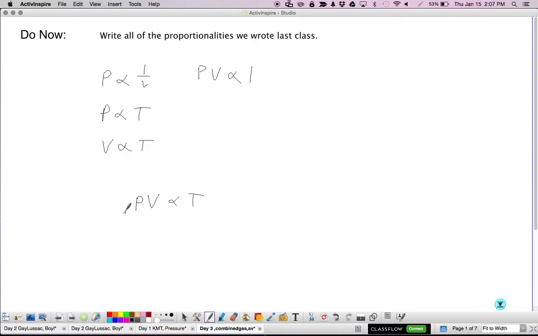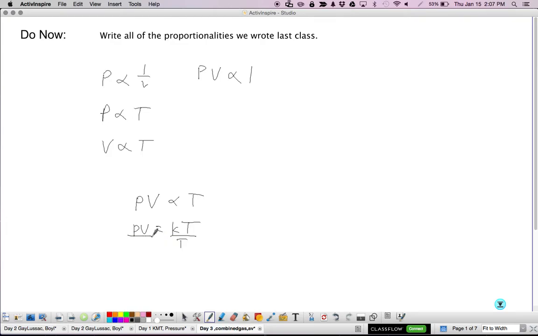The way you're going to do this is you're going to change this proportionality to an equality. PV equals KT. And then you're going to isolate the constant like we did last time.